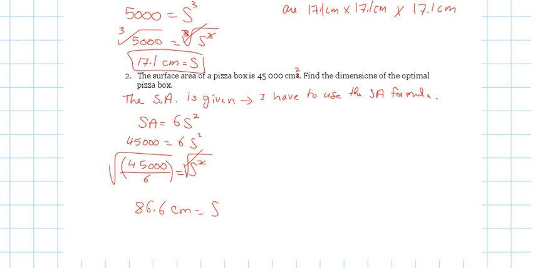So therefore, the dimensions of the pizza box are 86.6 centimeters times 86.6 centimeters.